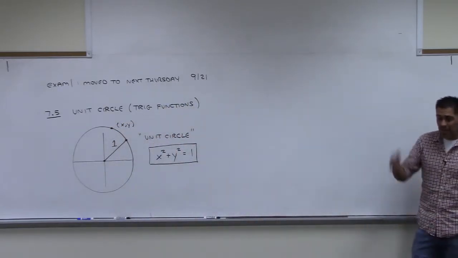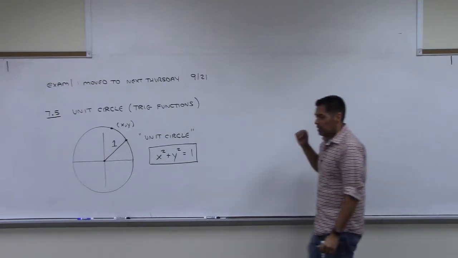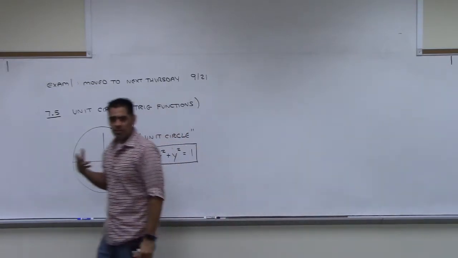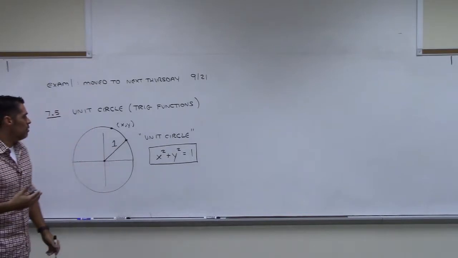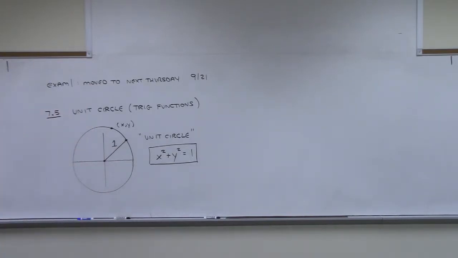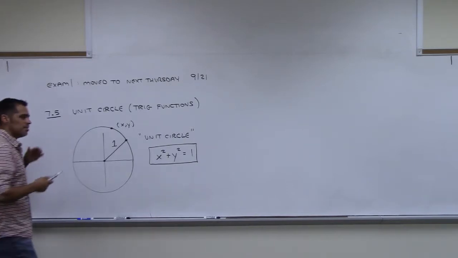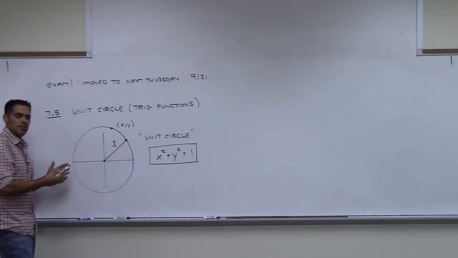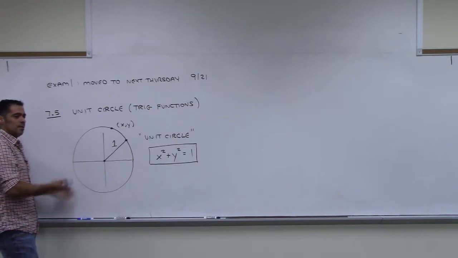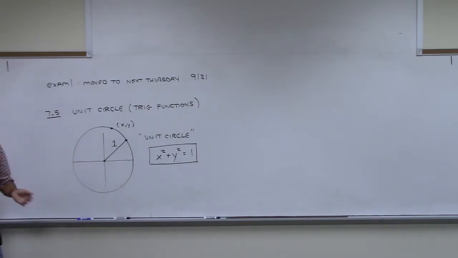Now, what we're going to do today is we're going to take our idea of the trig functions that we've developed, and we're going to actually kind of reevaluate them. And from here on out, this is going to be probably the main thing you turn to when it comes to trying to figure out, like, what's sine of 30 degrees? What's sine of 7 pi over 4?